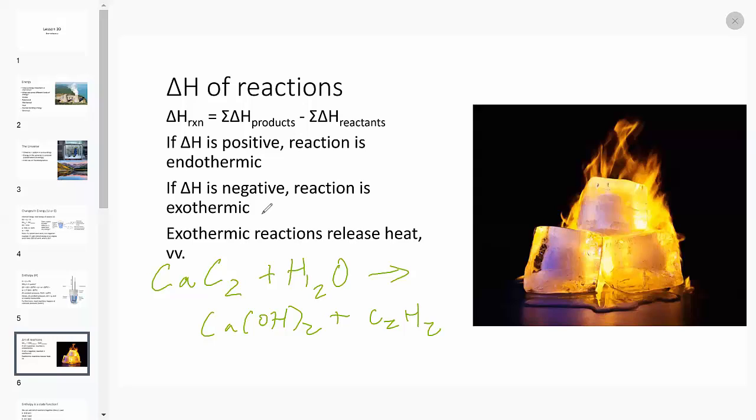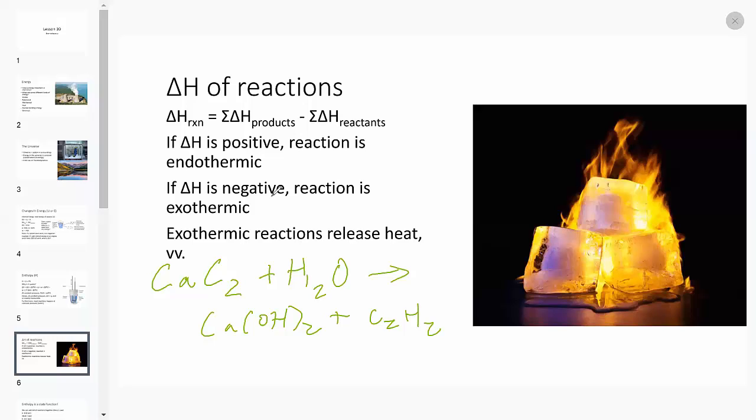So we have to input energy, and because we're inputting energy, is it positive or negative? So since we're inputting heat energy, the enthalpy will increase, so delta H is positive.